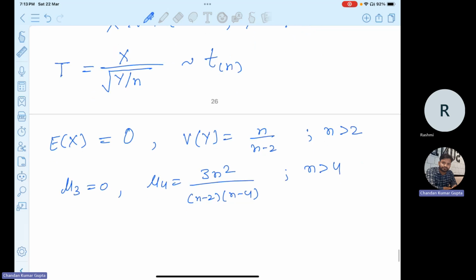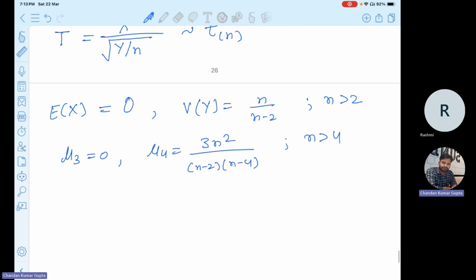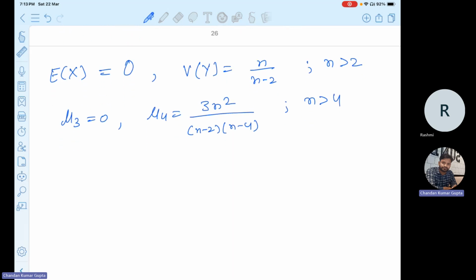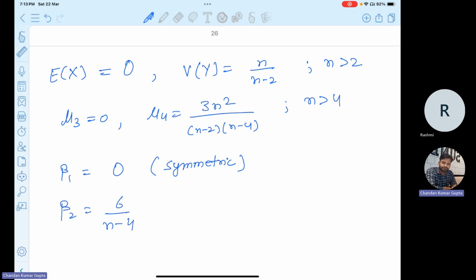So this is how we have calculated the first four central order moments. With the help of these central moments, the measure of skewness comes out to be 0, which means it is symmetrical in nature. And beta 2, the measure of kurtosis, after simplifying is 6 upon n minus 4.